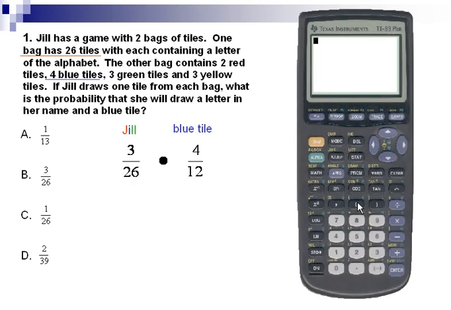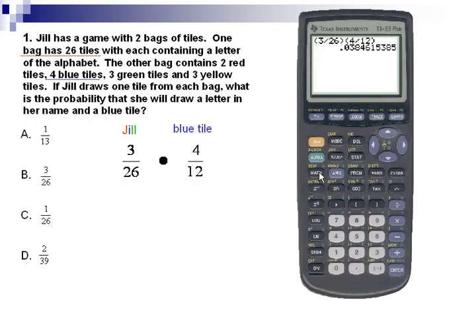Now we're going to go to the calculator to multiply these fractions together. Remember that when you input fractions to the calculator, you need to put parentheses around the entire fraction. So we've multiplied our fractions together, but when I compare what I got with the calculator to my answer choices, I see that all of the answer choices are in fractional form.